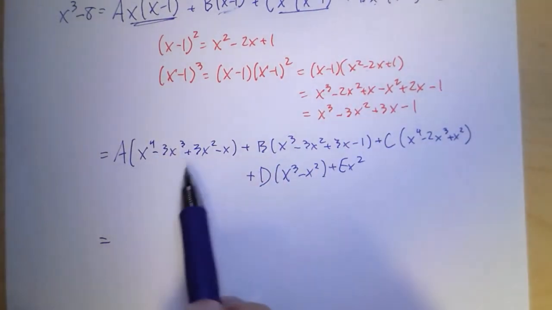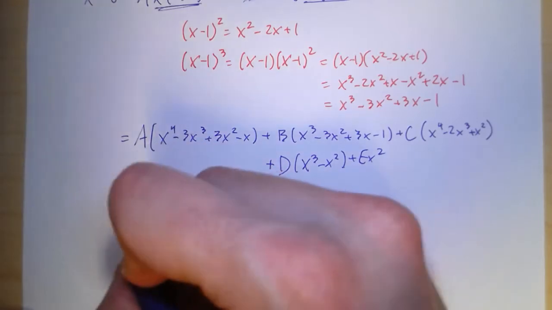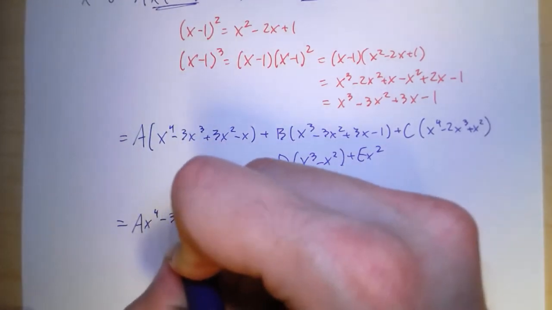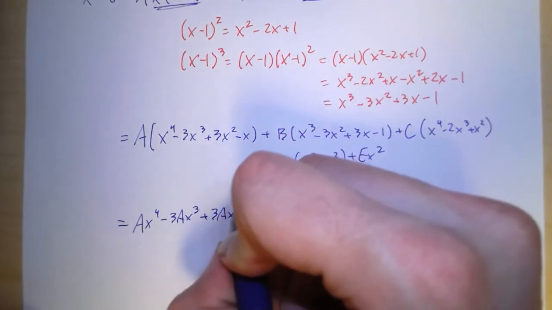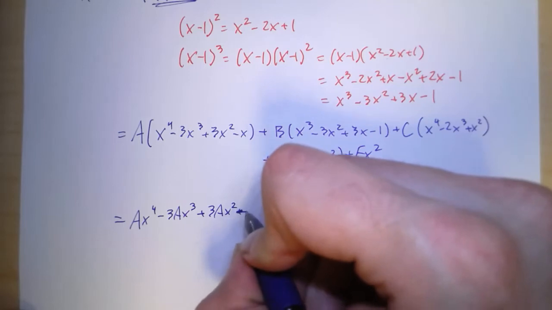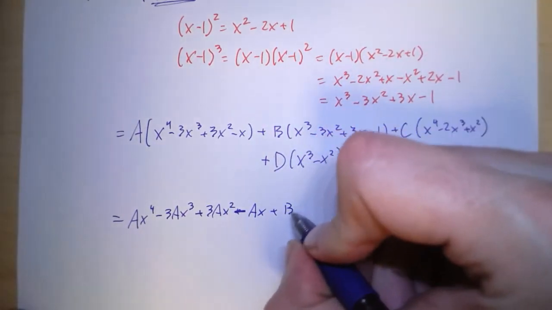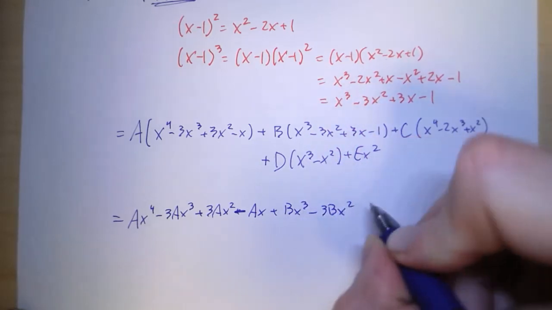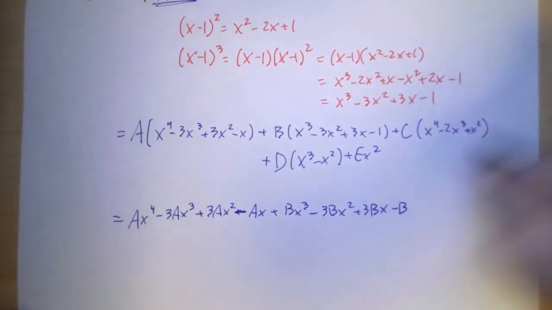So now we have to distribute in the a, the b, the c, d, and e. So a x to the 4th minus 3a x cubed plus 3a x squared minus a x plus b x cubed minus 3b x squared plus 3b x minus b.